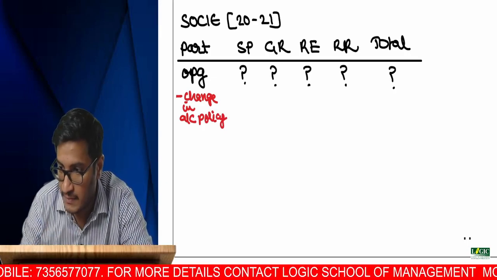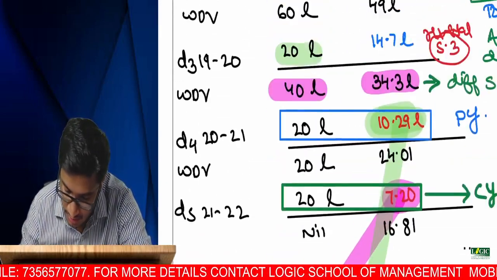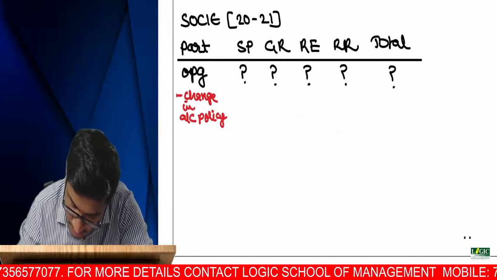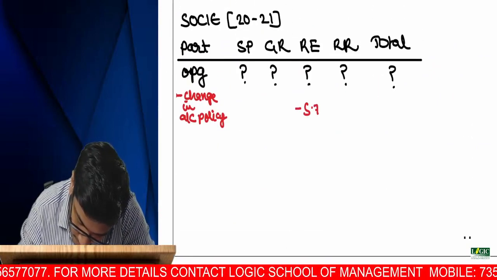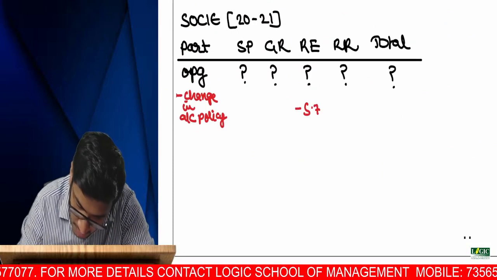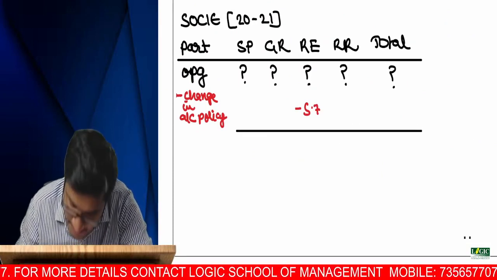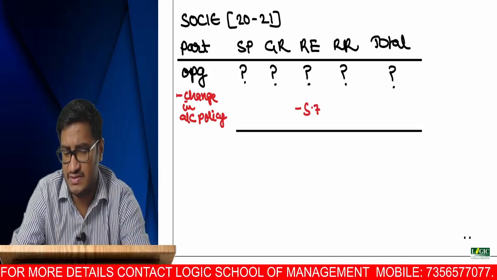What is the impact? 5.7. That is previous years.